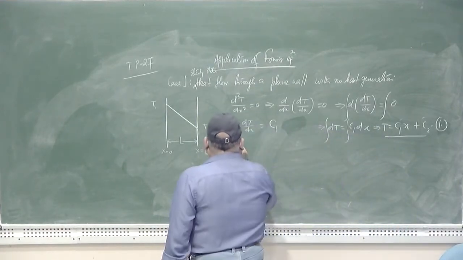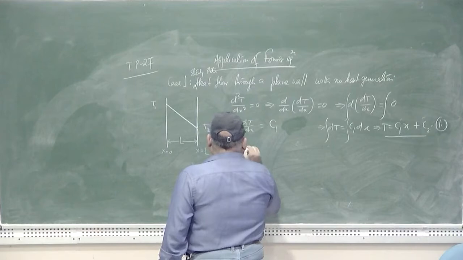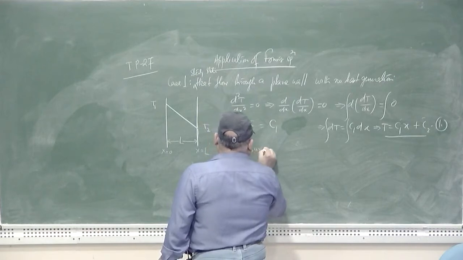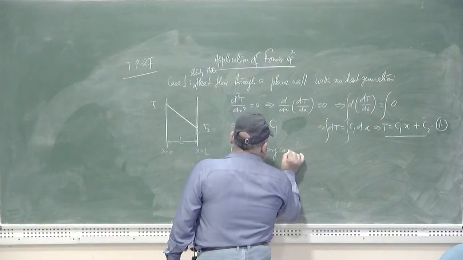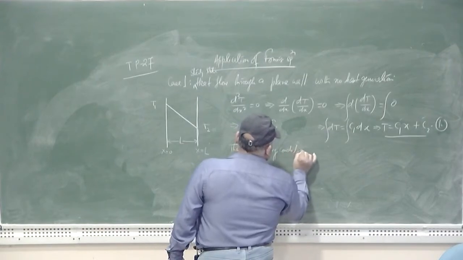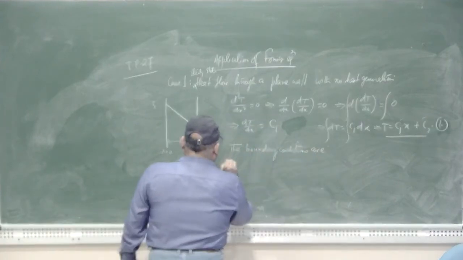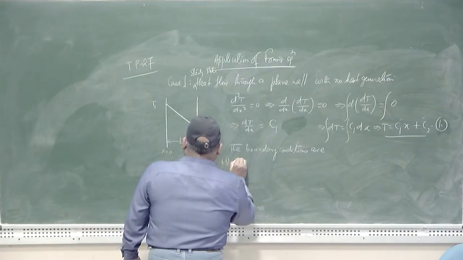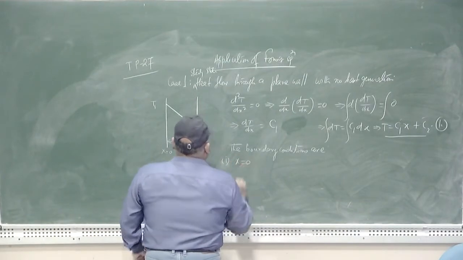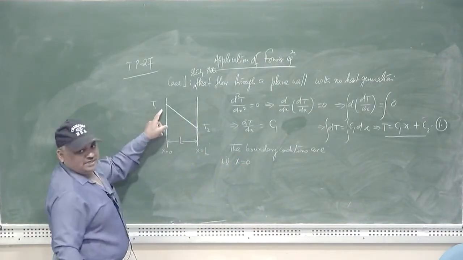So the pertaining boundary conditions are number 1, x is equal to 0, T is equal to T1.